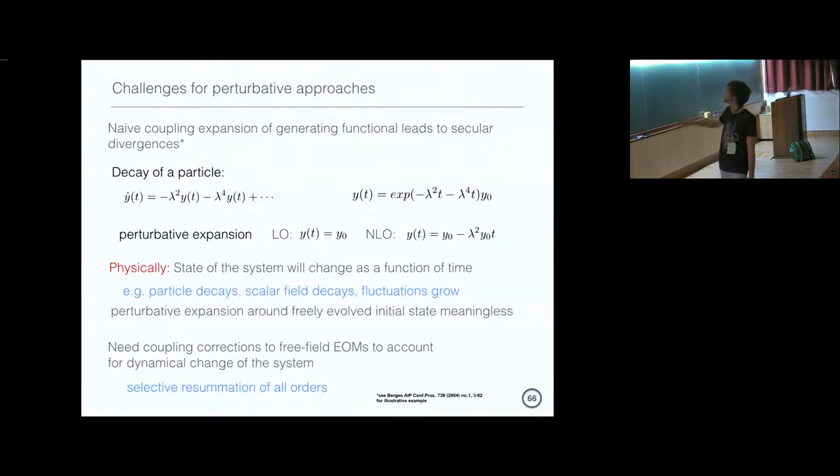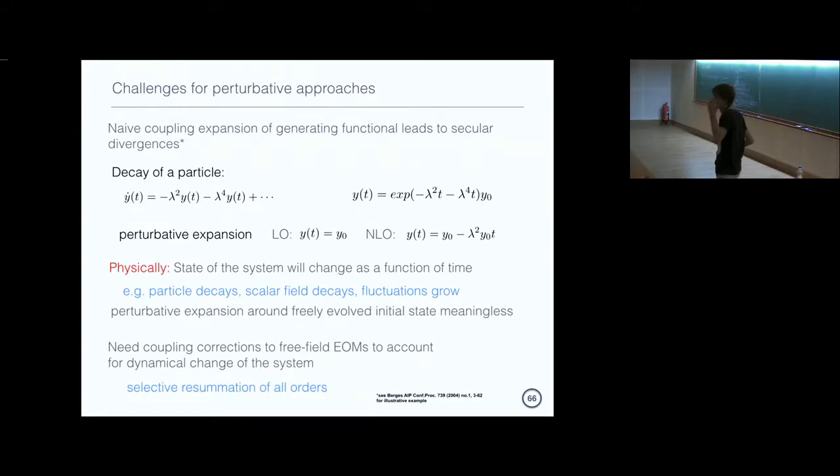That would lead to y of t is y naught minus lambda squared y naught t. What you can see right away is that at very, very short times, that of course provides a decent description of what is, in this case, the non-perturbative solution to this problem.